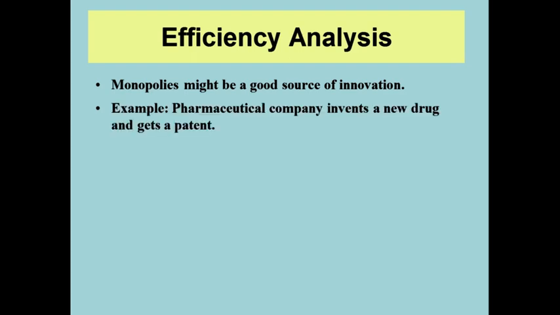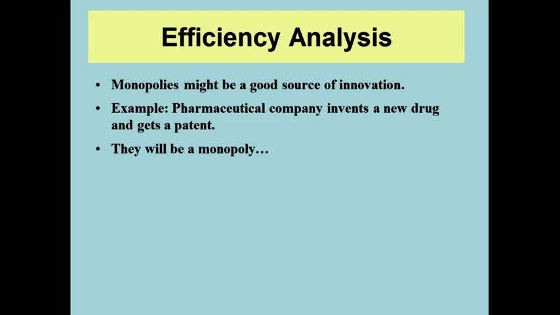As an example, let's think about a pharmaceutical company that invents a new drug and gets a patent. Do we agree that when they have that patent and nobody else can produce that drug, they'll be a monopoly? Well, if they didn't have the ability to be a monopoly, would they have produced that drug? Maybe not, right?